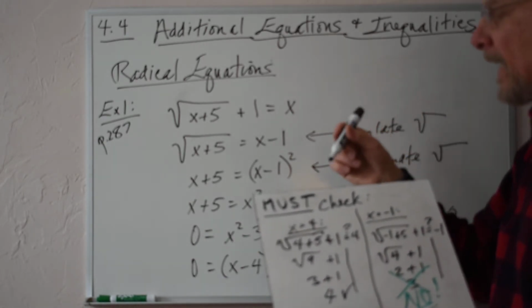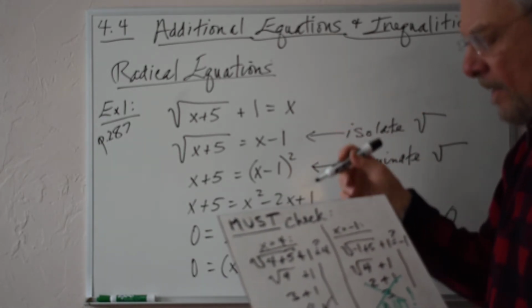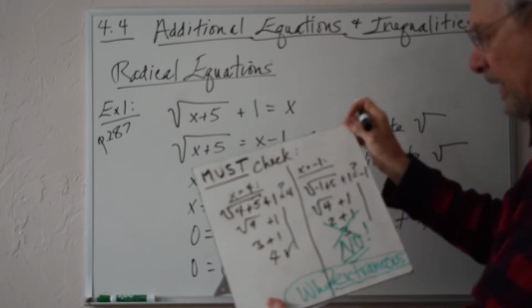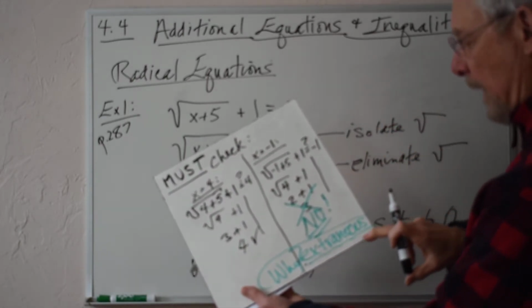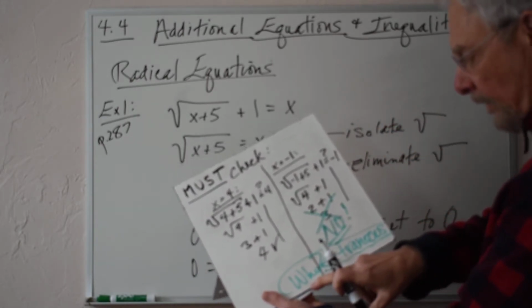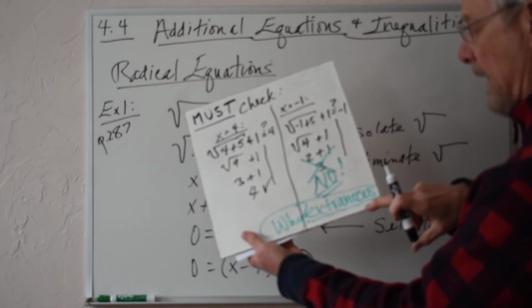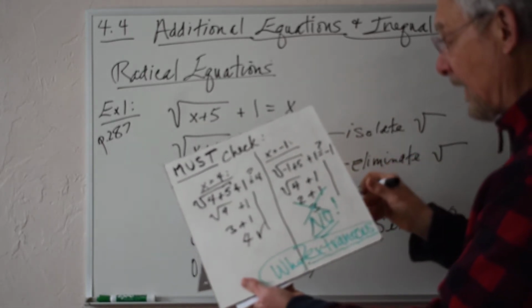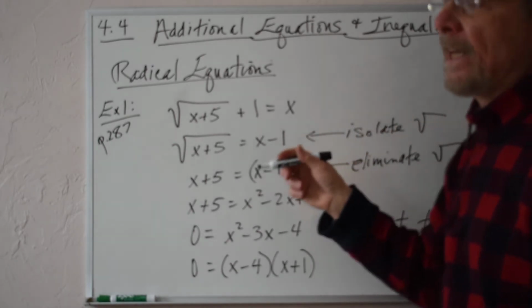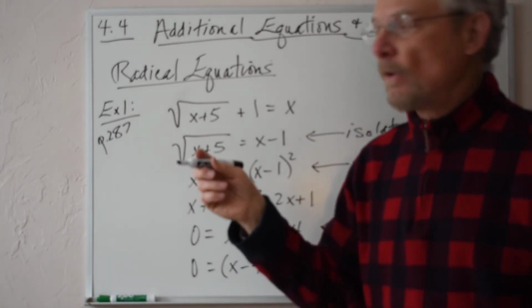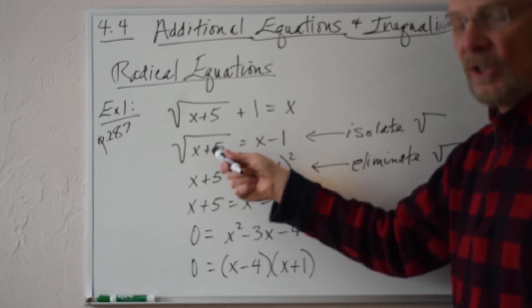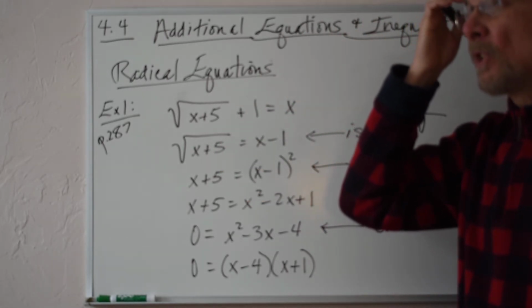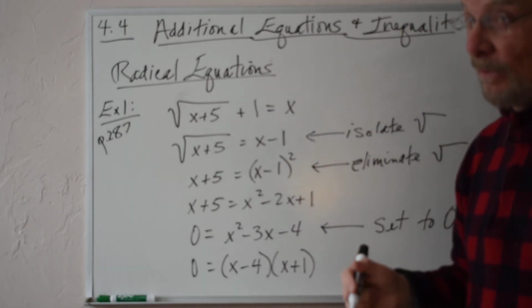Now, in this case, you must do the check because, as I've written in green here, extraneous. Why do you have to do the check? You actually can get extraneous roots from using a method like this. Extraneous just means extra. They're not really roots.